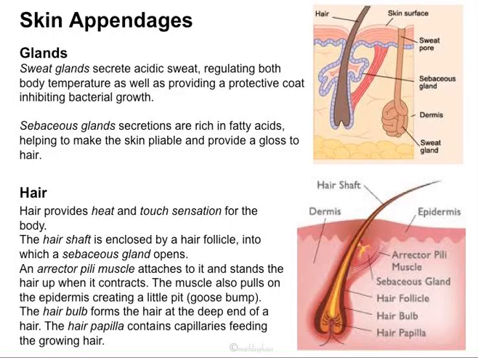We have hair. Hair provides heat and touch sensation for the body. The hair shaft is enclosed by a hair follicle, which a sebaceous gland opens into. An erector pili muscle is a little muscle that is attached to the hair, but is also attached to the skin. And when that muscle contracts, our hair that normally comes out at an angle will stand up straight.